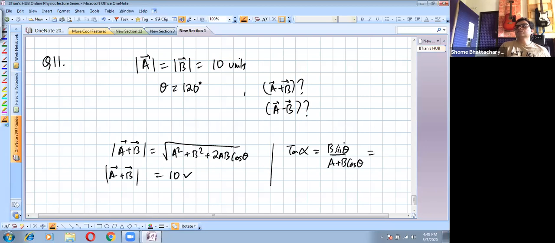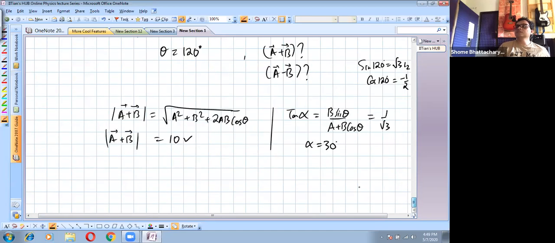With theta being 120, remember that sin 120 will be root 3 by 2. Sin is positive in the second quadrant, so it will be sin 60, which is root 3 by 2. Whereas cos 120 will become a negative quantity, and that is minus half. So use these values in both formulas, and of course put A and B as 10 each. This will come out to be 1 by root 3, so you'll see that alpha is 30 degrees.